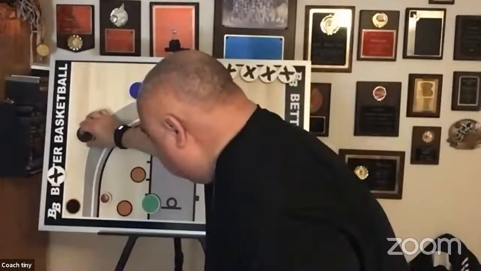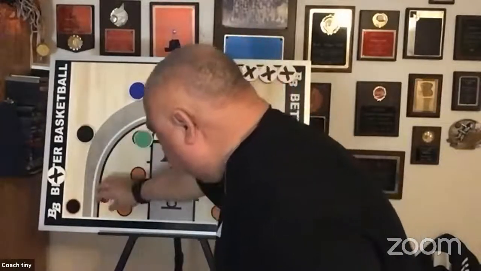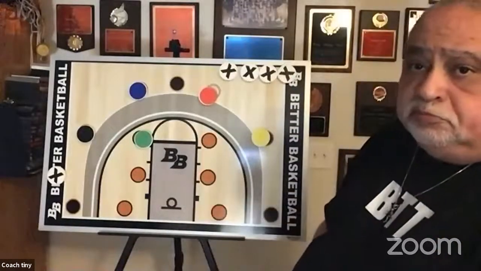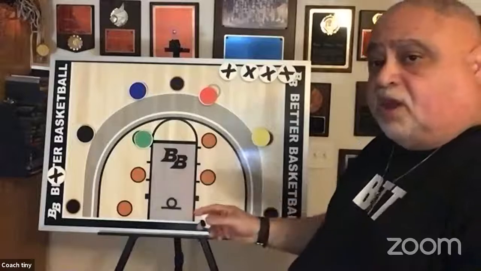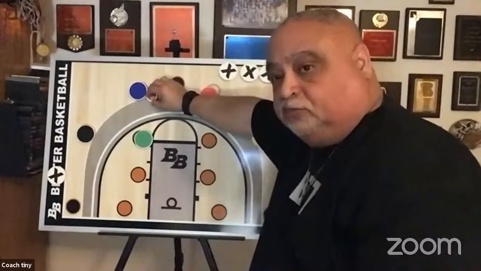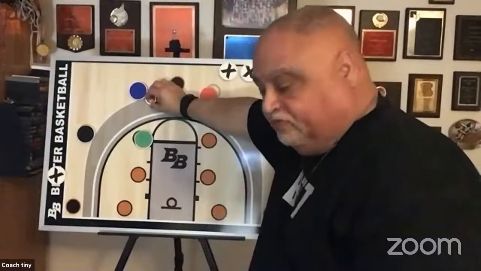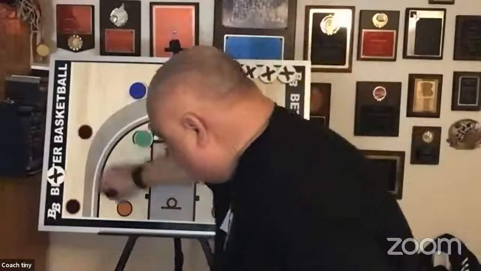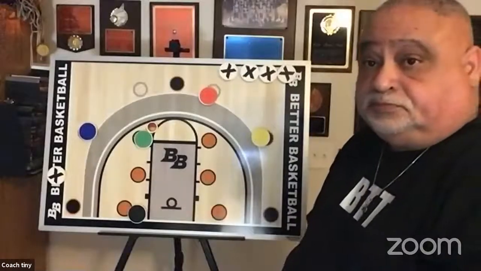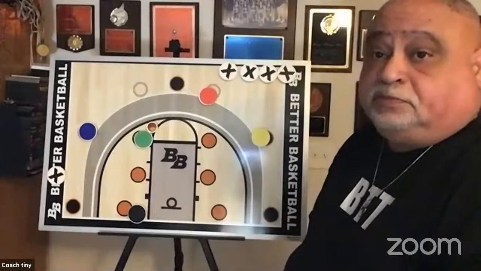If we're playing against man-to-man, we have a quick hitter here. If we're playing man-to-man and we're 4 out and the point guard sees an opportunity to do layer 2, feed the post, backdoor, outside shot. That would be a quick hitter.